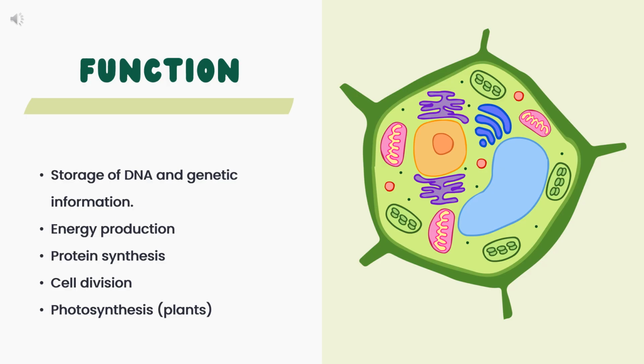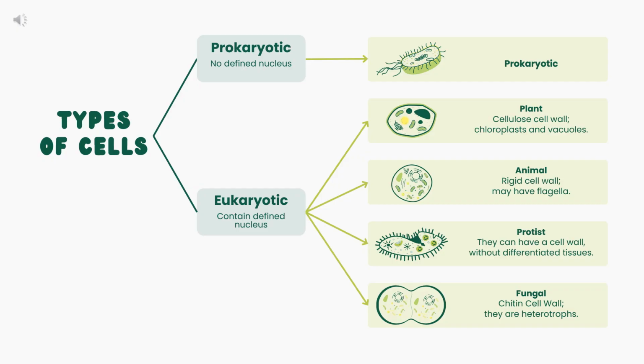Cell division, now in animals and eukaryotic cells, this can be through mitosis or meiosis, so asexually or sexually, and then also photosynthesis through these cells, but that is obviously only in plants, not in animal cells. And here we just have a breakdown of the differences between the prokaryotic and eukaryotic cells. It is very basic, but feel free to take a look.